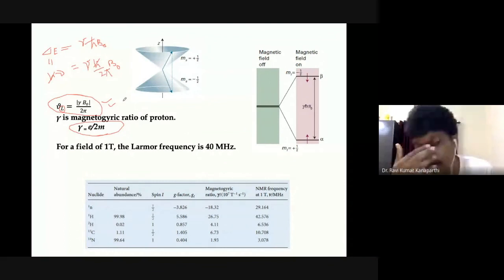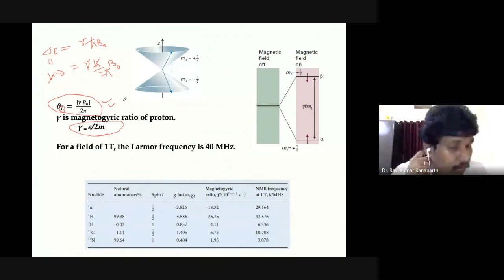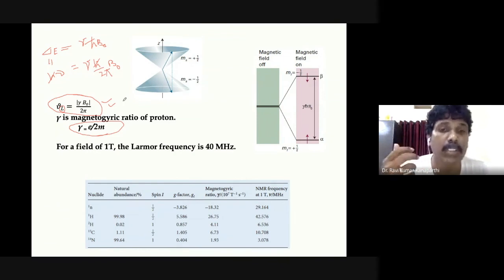The proton's mass is relatively small as compared to other nuclei. For example, carbon-13. The carbon-13 atomic mass is very high as compared to a proton. Proton is roughly 1 unit, and carbon is 12.